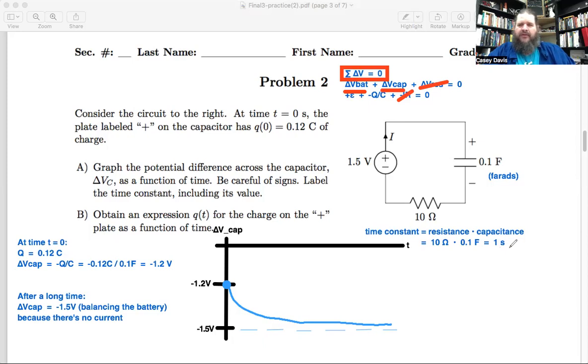What does that mean though? Time constant is the amount of time it takes for what to happen? To decay, specifically to decay how much?